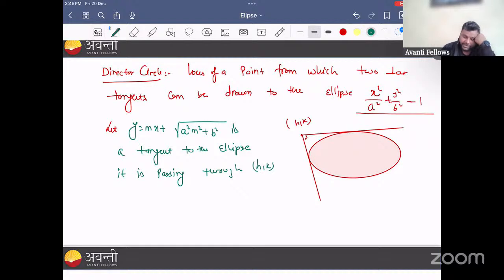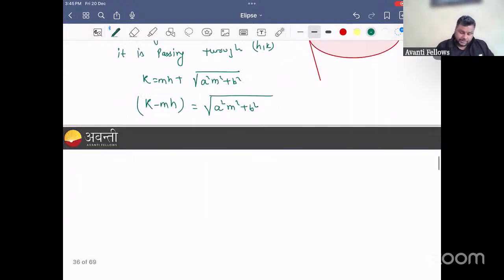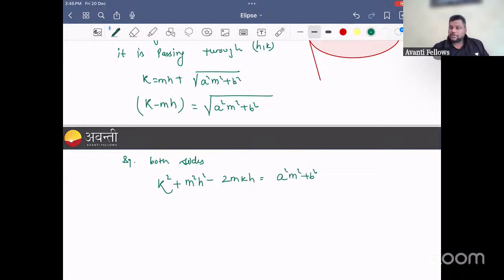So that means k equals mh plus under root of a square m square plus b square. So k minus mh is under root of a square m square plus b square. Square both sides. So k square plus m square h square minus 2mkh is a square m square plus b square. Got it?